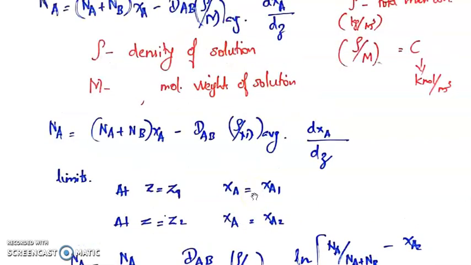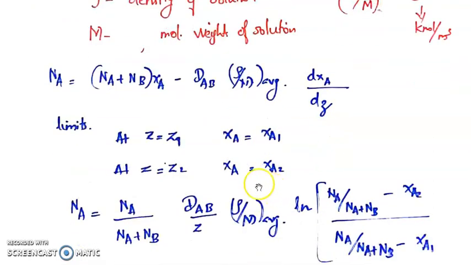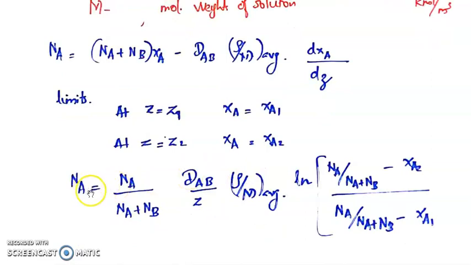We have done a similar derivation in the previous case, that is diffusion of molecules in a binary gas mixture. So let us solve this, and finally we will get NA is equal to NA by (NA plus NB) into DAB by Z (rho by M) average ln of [(NA by (NA plus NB)) minus XA2] by [(NA by (NA plus NB)) minus XA1].